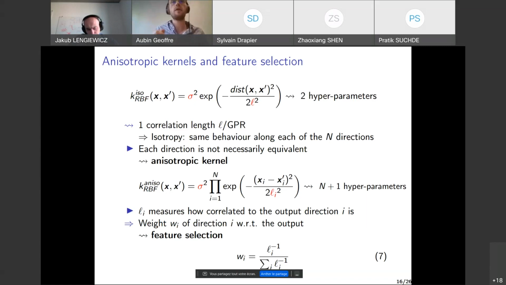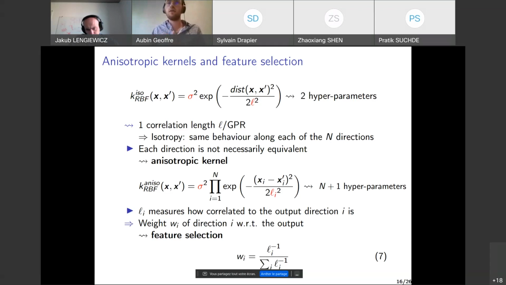The anisotropic kernel is basically a developed version of the isotropic one, and it has a length scale for each of the directions we are considering. So, for example, here, Li measures how correlated the output is to direction i.